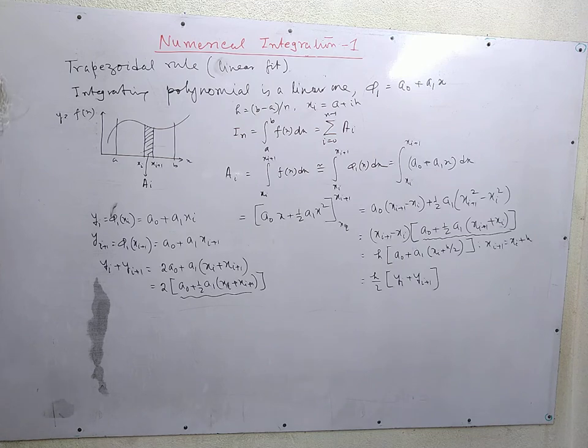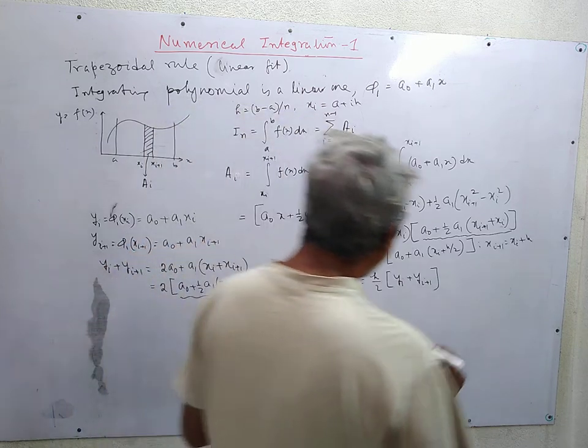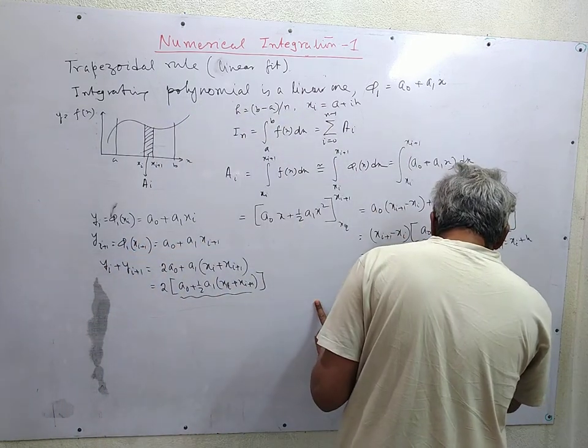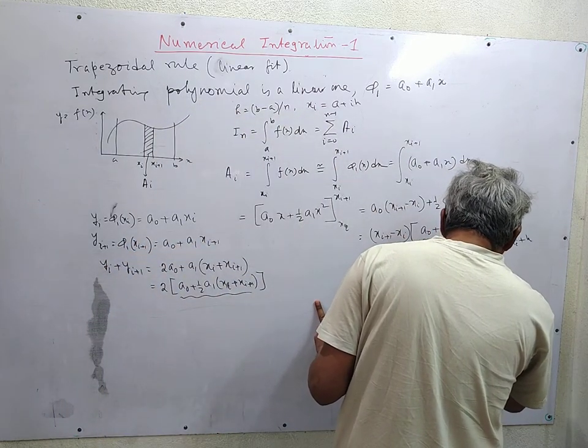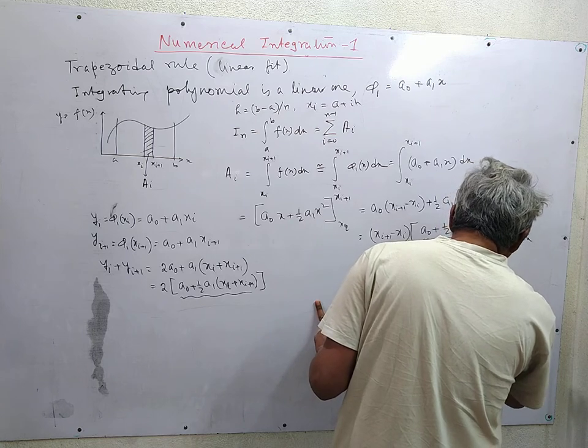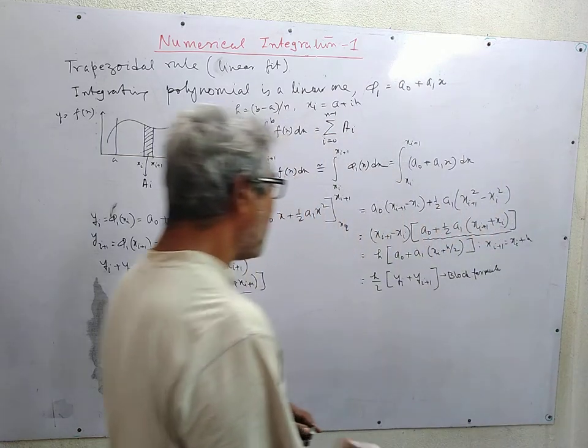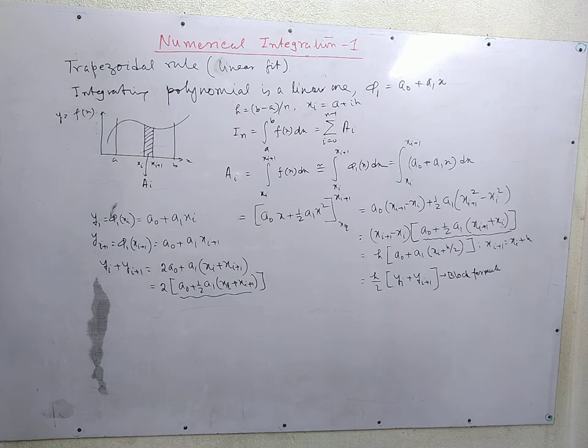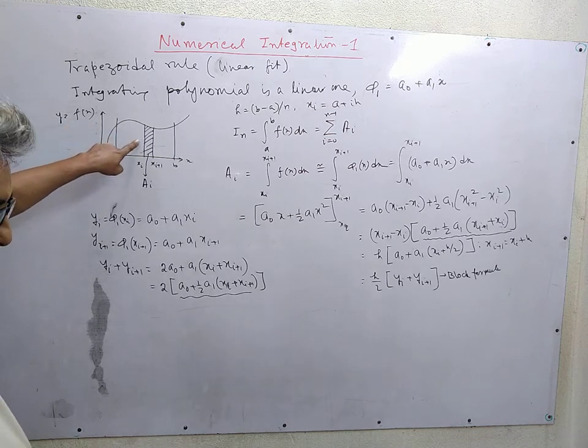This is called the block formula for trapezoidal rule. That is the formula which evaluates the integration under the specific approximation for a particular block.